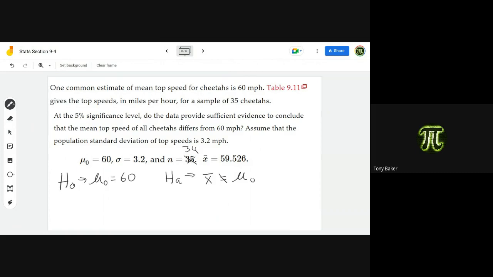It doesn't make a difference. When I'm looking at the test, these are things that I would expect to see. I wouldn't need to see what your null hypothesis is. I need to see what your alternate hypothesis is. All right, so what's the significance level I'm looking at for this one? 5% significance level. Okay, now we can go through and do our calculations.